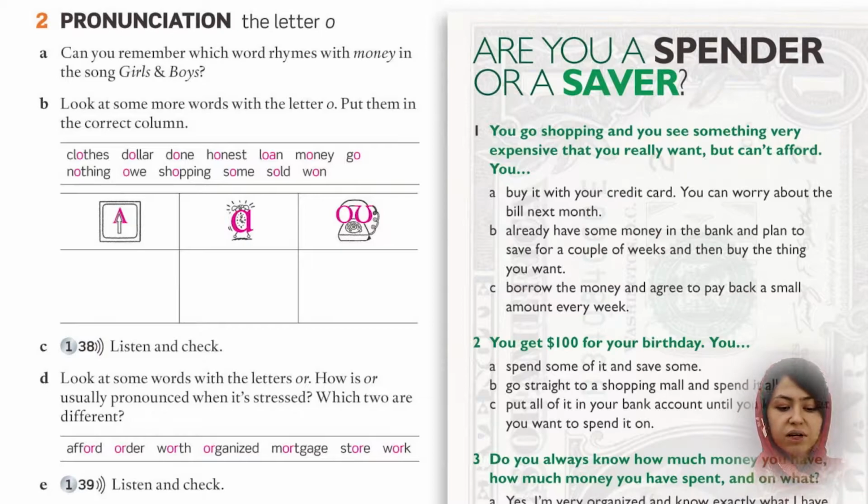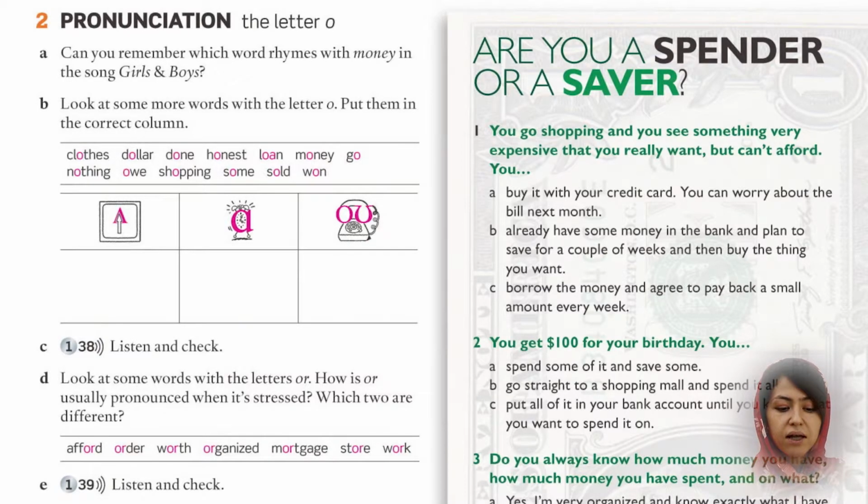So, the first word is clothes, clothes. The third column. Nothing, nothing. The first column. Dollar, dollar. The second column.